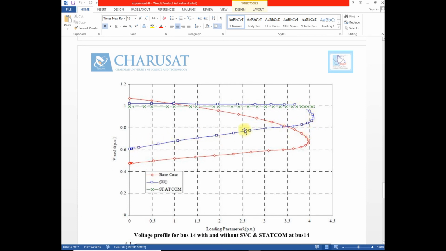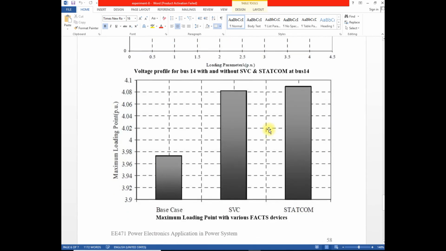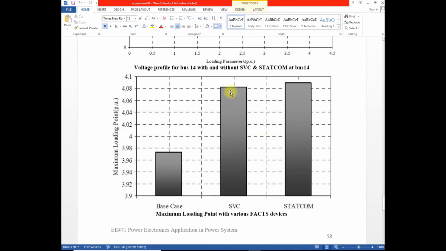In this graph, where the voltage reduces after this peak point is the unstable region, and this one is the stable region. Clear? So after this 4.08 loading with SVC, the system goes into unstable mode.